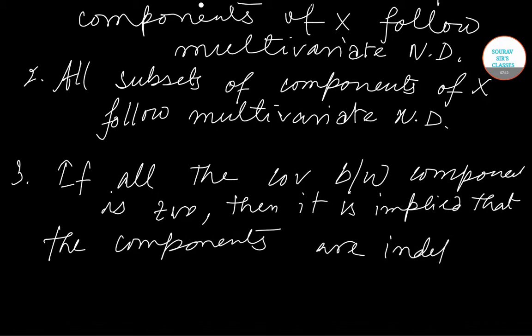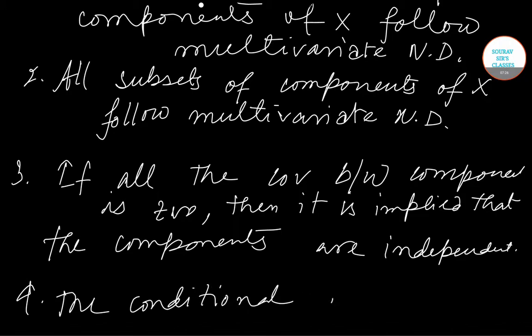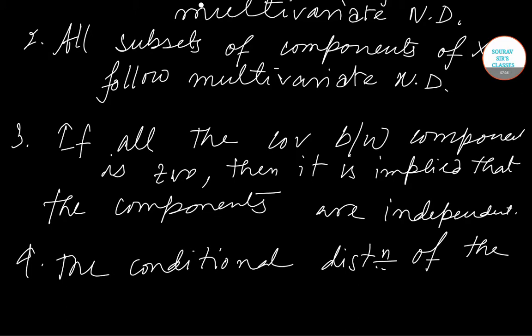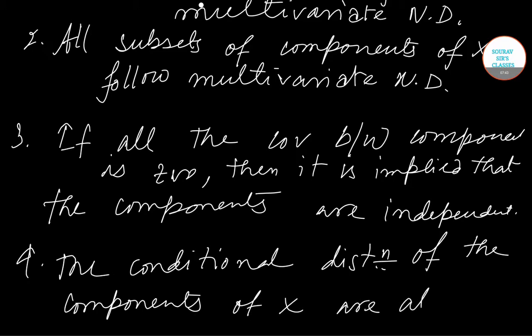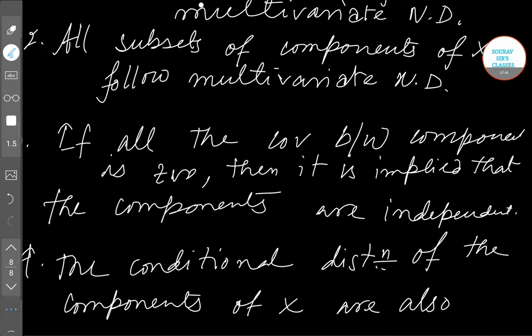Number 4 is the conditional distribution of the components of x are also multivariate normal.